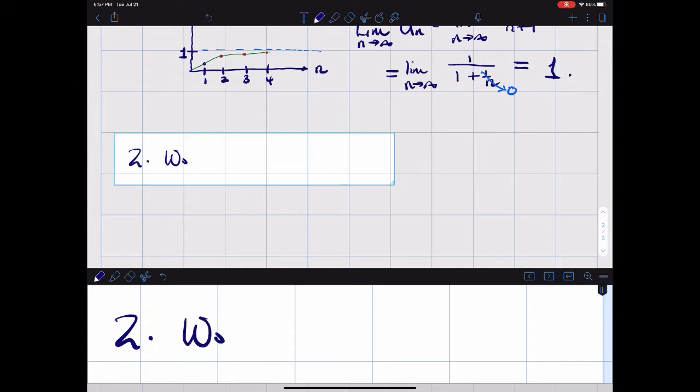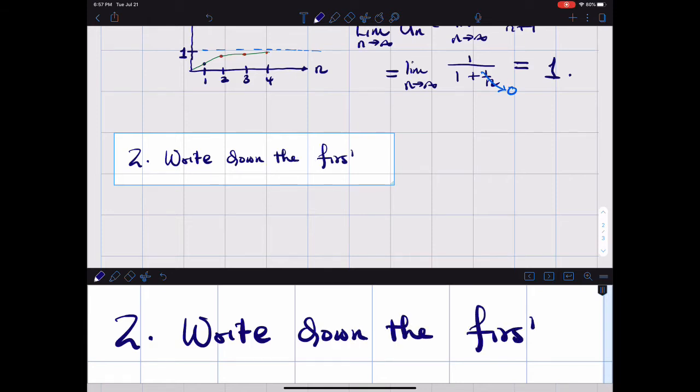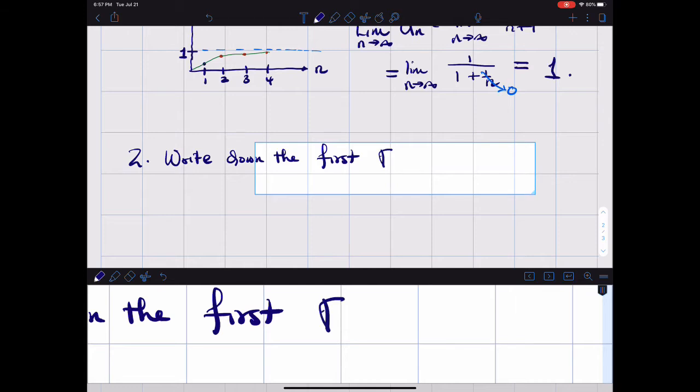I want to write down the first 4 terms of each sequence.